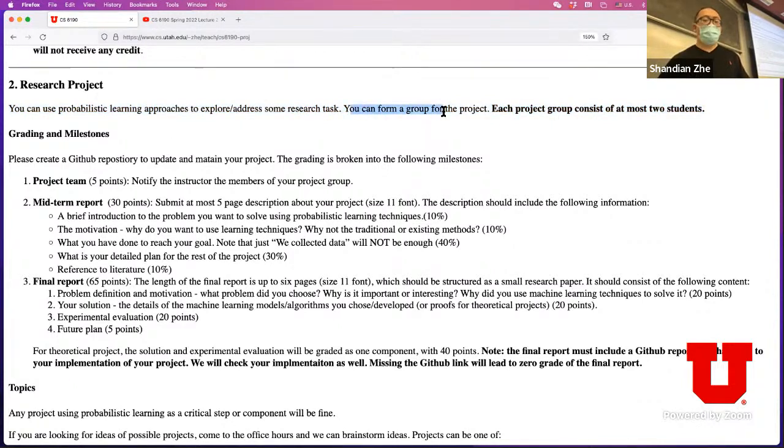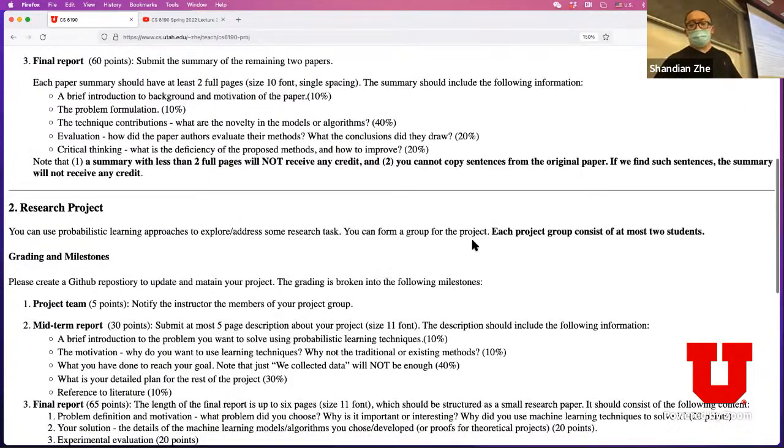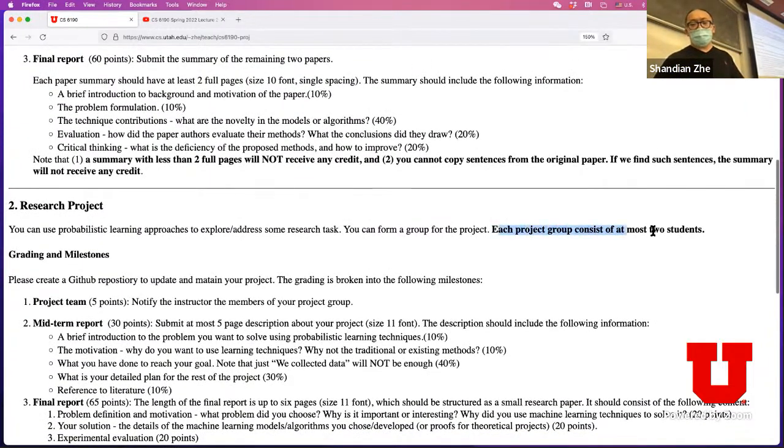And by the way, paper reading can only be done by a single person. You cannot form a team to read 3 papers. You have to read the 3 papers by yourself. But for a research project, you can form a team, and each project group consists of at most 2 students. So you can find a partner. You two together can discuss and develop probabilistic models and algorithms to apply in your research.